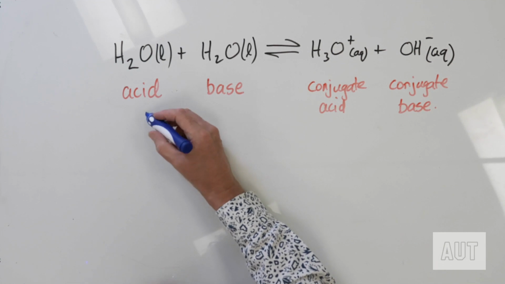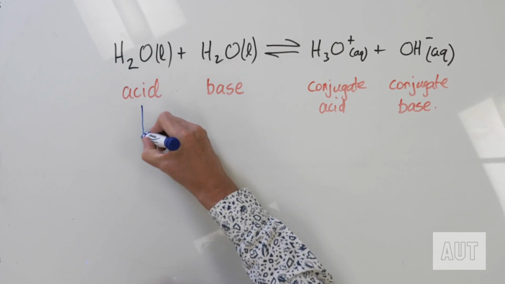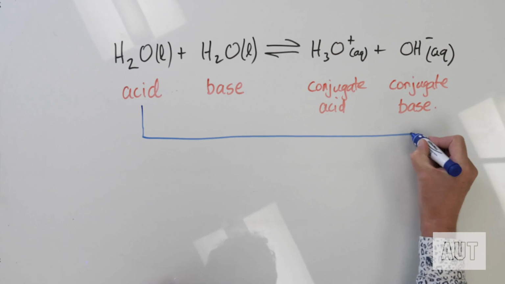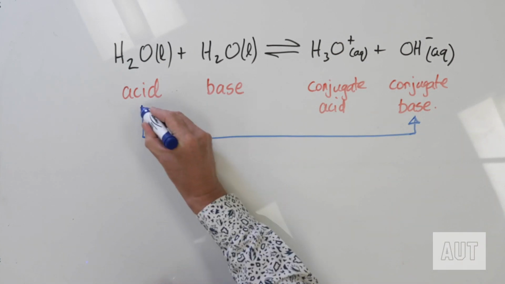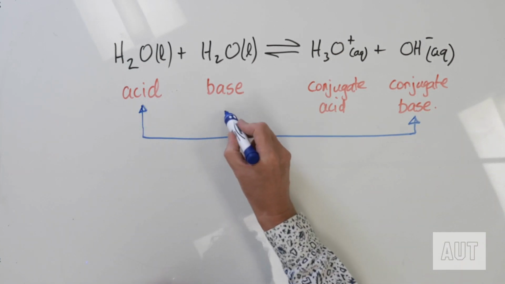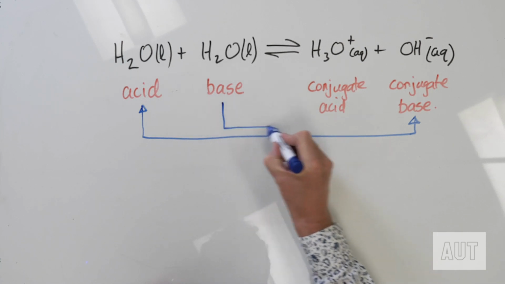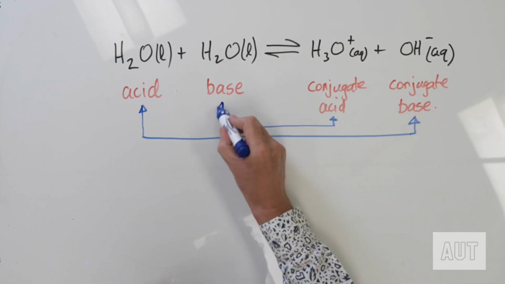So on both sides of an acid-base reaction, you have got an acid and a base. And now these guys are related by differing by a proton. An acid will lose a proton and become its conjugate base. A base will gain a proton and become its conjugate acid.